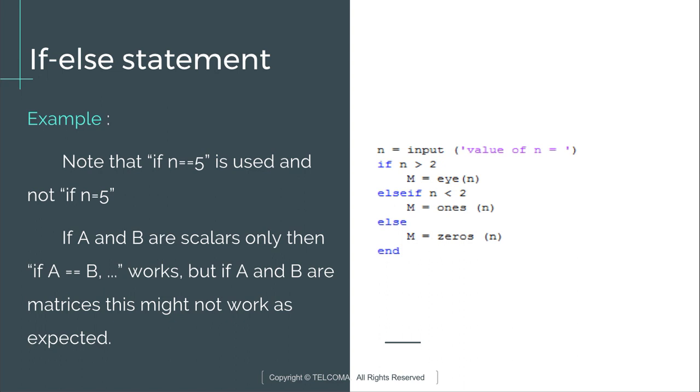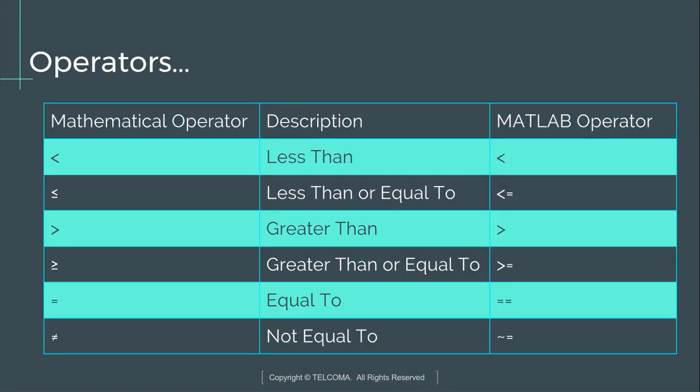Note that if n double equals 5 is used and not if n equals. If a and b are scalars, only then if a double equals b works. But if a and b are matrices, this might not work as expected. Now there are various operators like less than or equal to, greater than or equal to, not equal to.